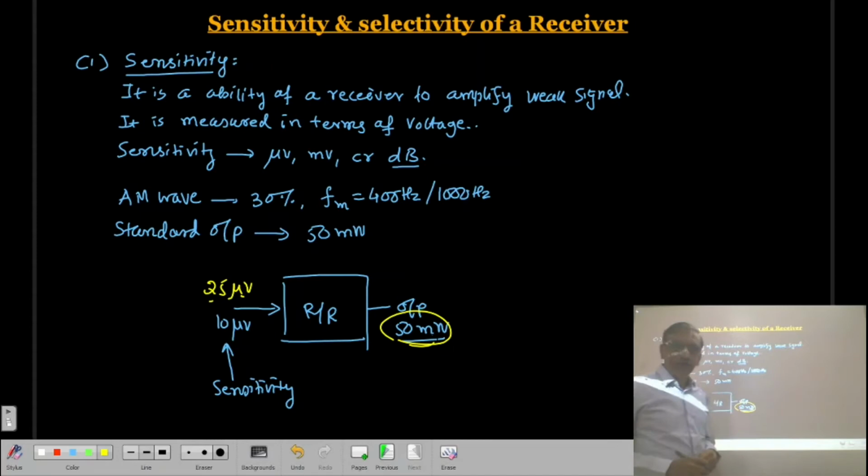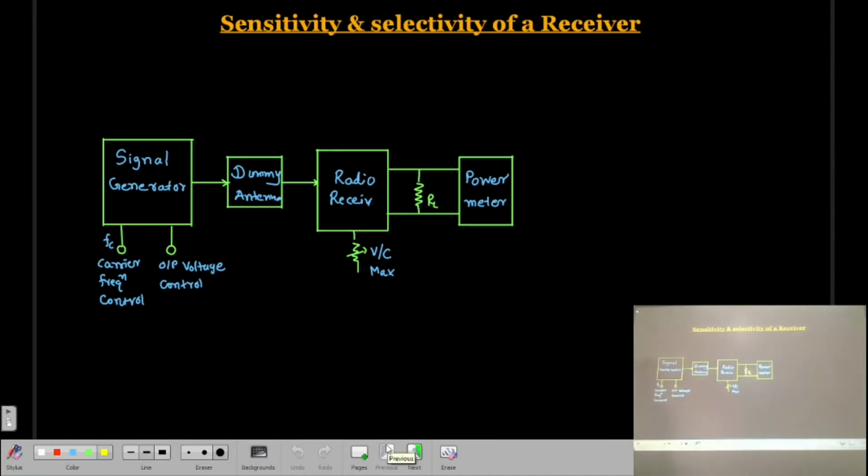So now let us see how we can measure the sensitivity. For the measurement of the sensitivity, the basic setup is like this. This is my radio receiver for which we want to measure the sensitivity.